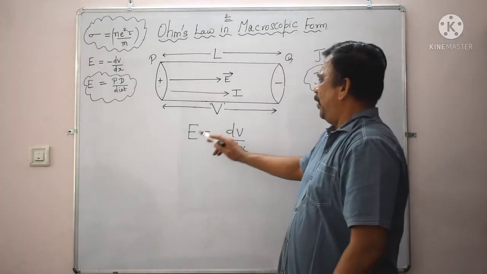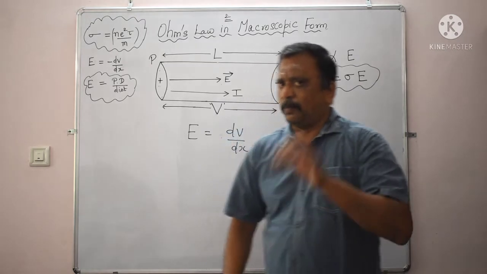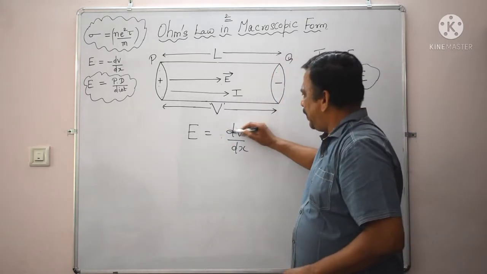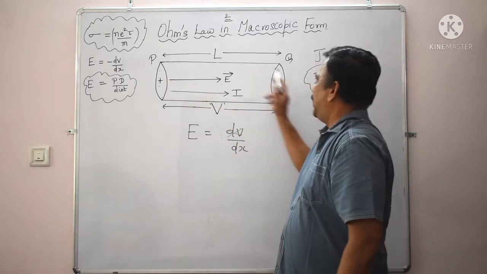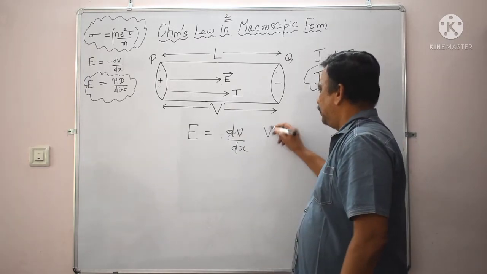Right now, you know electric field E is equal to dV by dx. What is dV? Potential difference between 2 points. So dV, I am going to replace it with potential difference between the 2 points P and Q, which is nothing but V. So instead of dV, let me put V here.